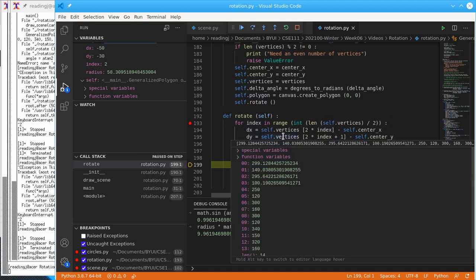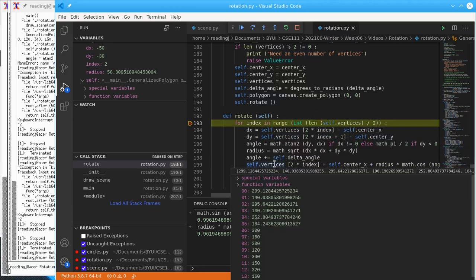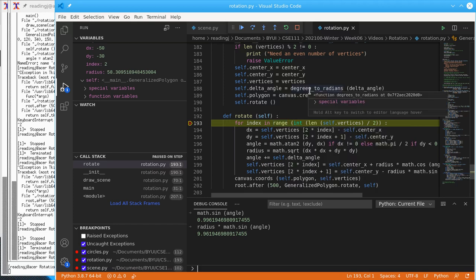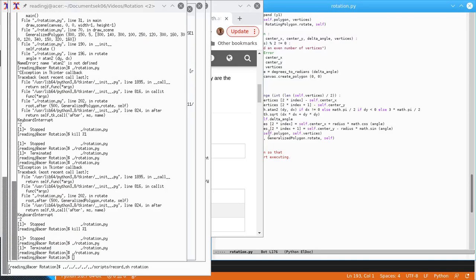So the vertices were 250, 120, 52, 184. Seems right. It really looks like it's doing the right thing. Let's see, where's our picture?